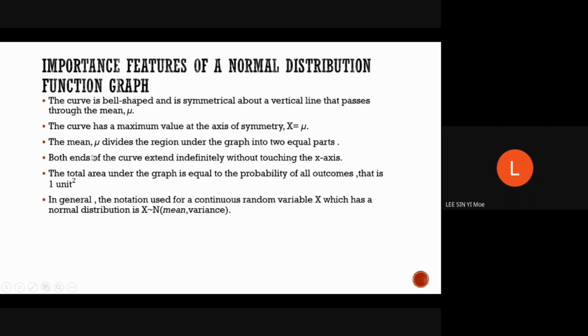Both ends of the curve extend indefinitely without touching the x-axis. So the total area under the graph is equal to the probability of all outcomes, that is 1 unit squared. In general, the notation used for a continuous random variable x, which has a normal distribution, can be written like this.